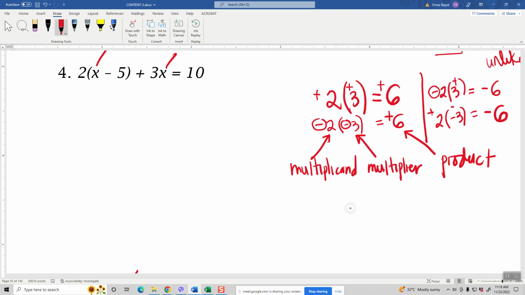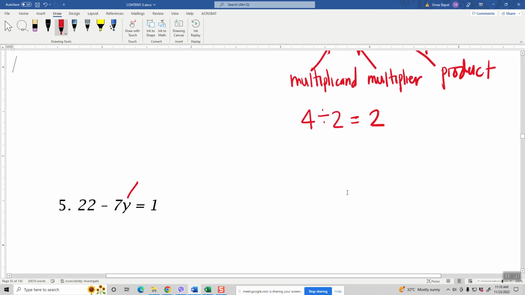Next, for division. Let's say 4 divided by 2 equals 2. Okay? So 4 carries a sign of positive. 2 carries a sign of positive. Therefore, your resulting quotient will be positive. The same, negative 4 divided by negative 2, you still have to end up with a quotient of positive 2 because both numbers carry the same sign, which is negative.